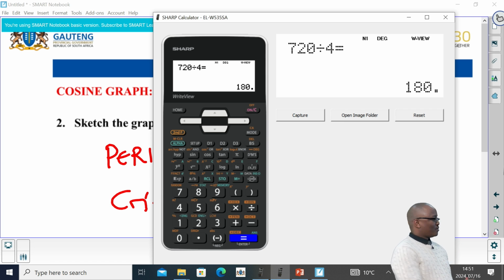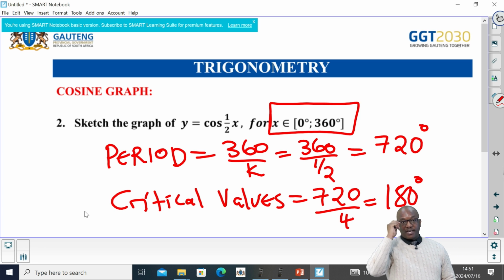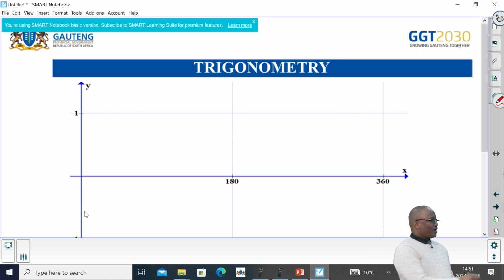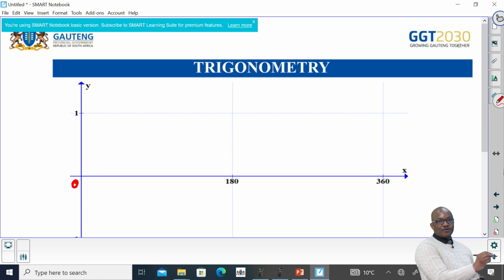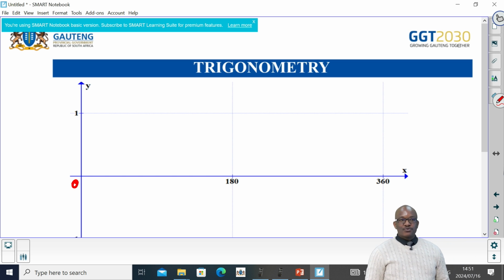Are we going to get 180? It means our interval in this graph is going in a form of 180. So now, it means we are going to have 0. From 0, if we're saying plus 180, we get 180. And from 180, we're saying plus 180, we get 360. So that's how they want our graph, with an interval of 180.